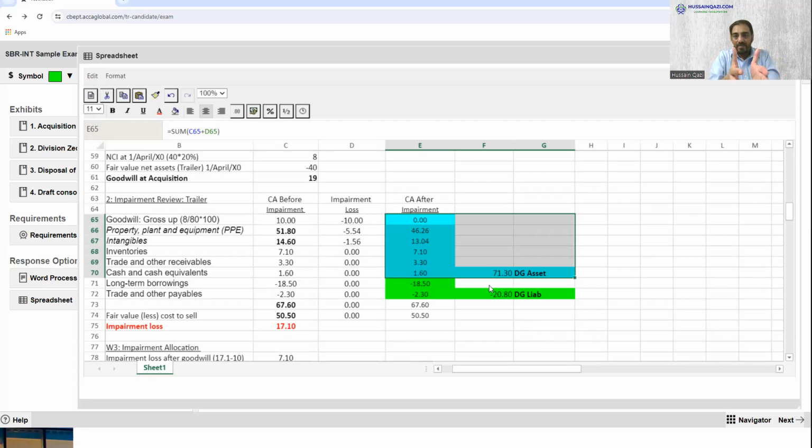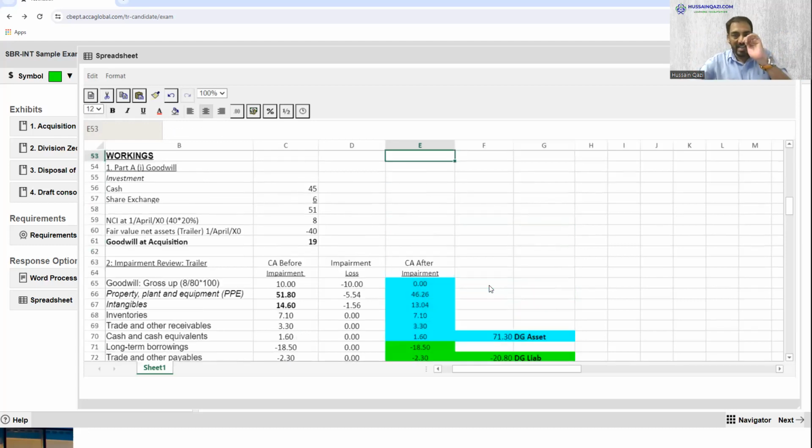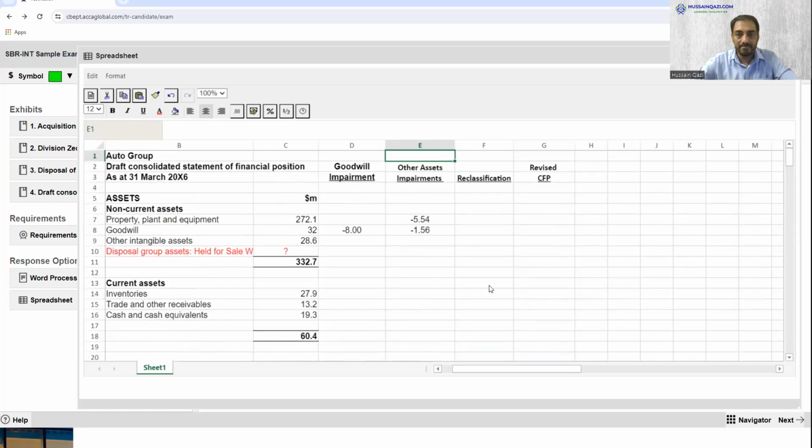All these assets one by one: PPE credit, intangible assets credit, inventory credit, trade receivables credit, cash and cash equivalents credit, and debit with one account, disposal group assets 71.3. Same for liabilities. Long-term borrowing 18.5 debit, trade payables debit, and credit only one account, the current liability, disposal group liabilities. So this entry should also be reflected here.